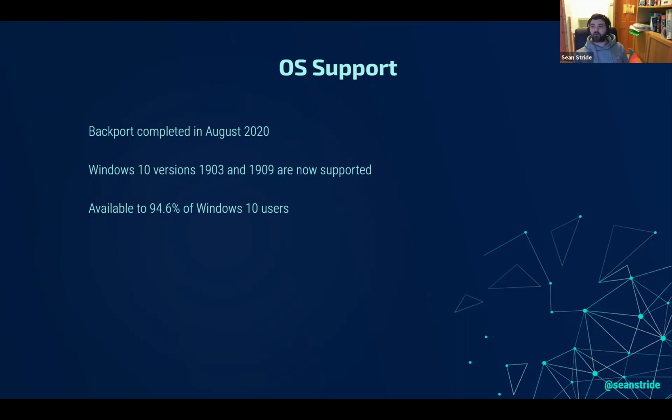And again, according to Duplex, that now gives 94.6% of Windows 10 users that this functionality is available to. So it gives a lot more access into the market than what they had previously.